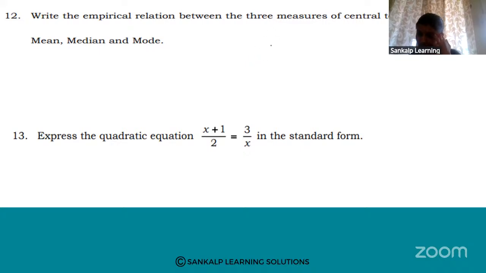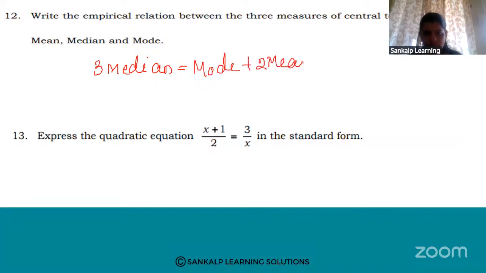That is, 3 median is equal to mode plus 2 mean, right? So this is the empirical relationship of central tendency, that is mean, mode and median. 3 median is equal to mode plus 2 mean, right?